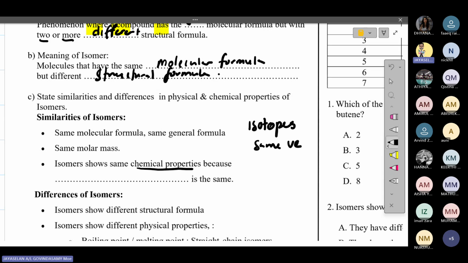Isomer shows the same chemical properties because it has the same functional group. You must put same functional group. Isomer will show similar molecular formula, general formula, and molar mass. If they ask why isomers show the same chemical properties, because isomers have the same functional group.